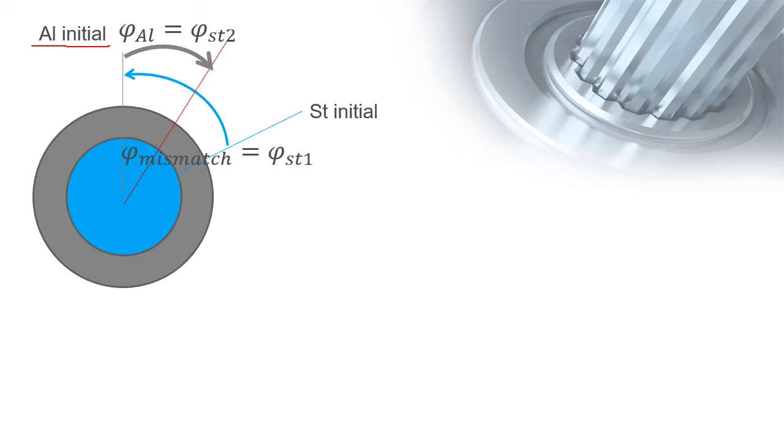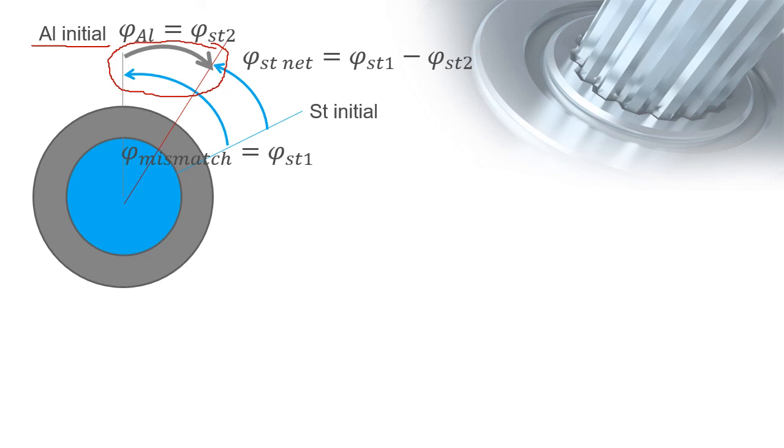Now, the net angle of twist of aluminum is this angle, because that's the only twisting that the aluminum experienced. However, for the net angle of twist of steel, we have the original angle of twist of steel, or the angle of mismatch, phi steel sub 1, minus phi steel sub 2.